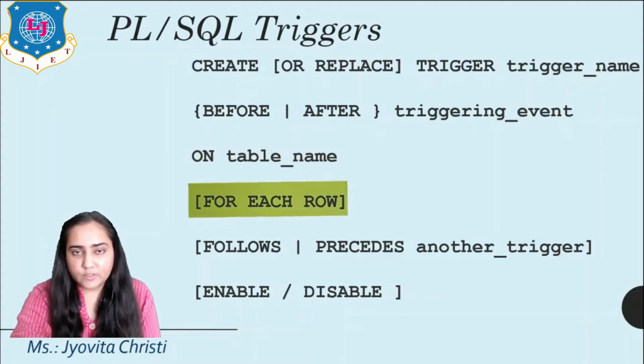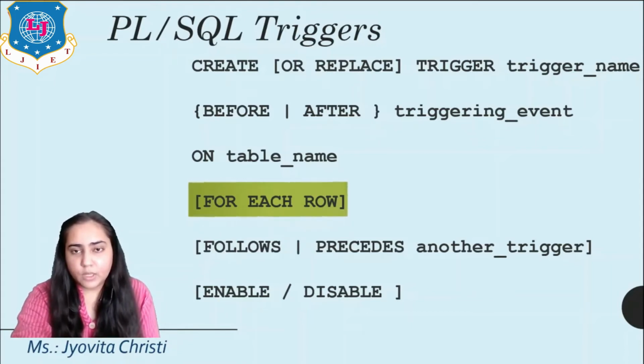The next part is for each row. In PLSQL, there are two types of triggers. The first one is a row level trigger, and the second one is a statement level trigger. And in this video, I'm going to explain only the row level trigger, which executes every time a row is affected. So for example, if you're writing an update query, then we all know that an update query is not going to affect each and every row of the table if you have specified some condition.